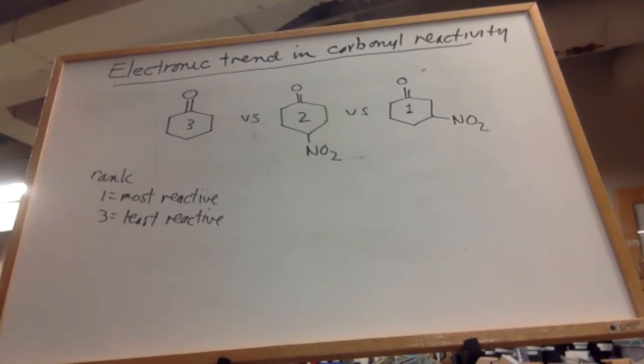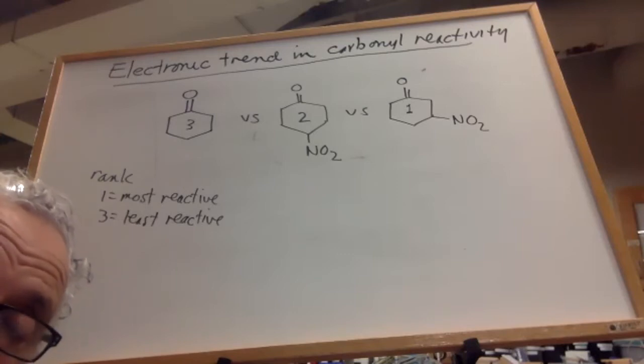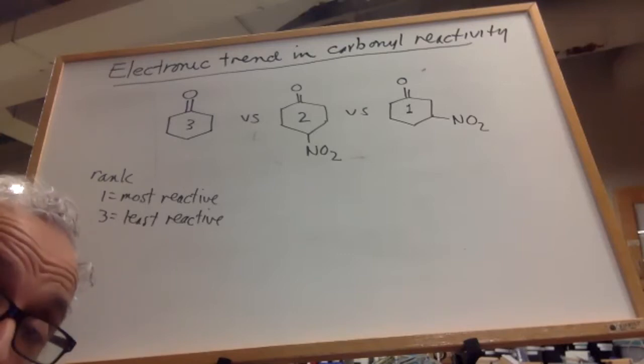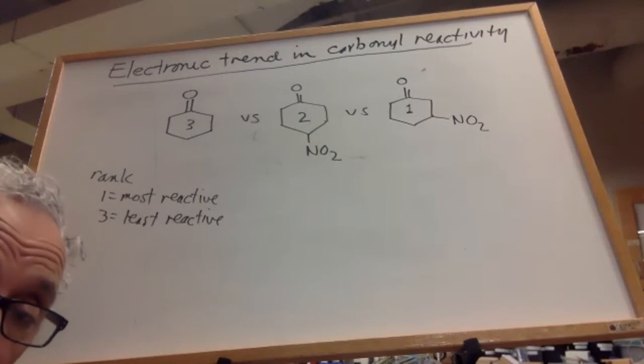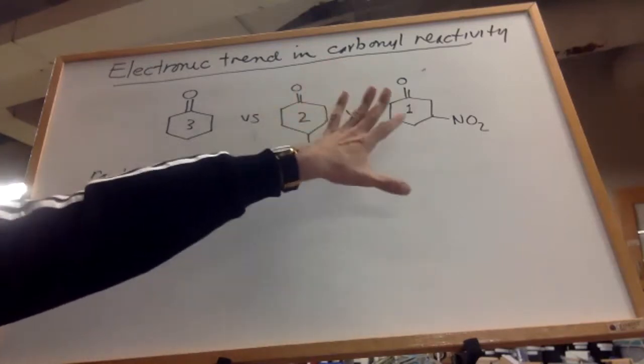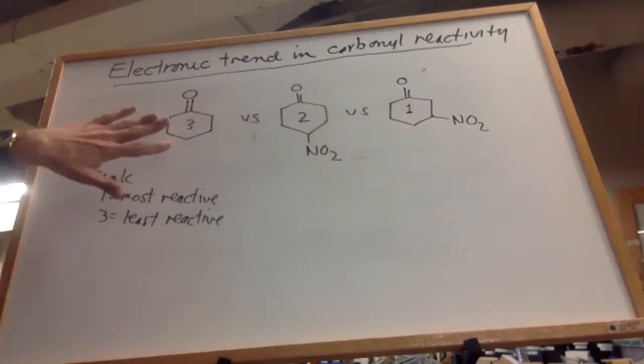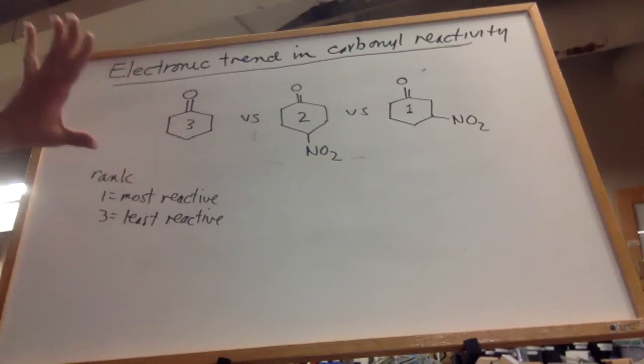Yeah, because earlier I said that the electronic trend depends on how many electron withdrawing groups there are, how close they are, and how electron withdrawing they are. So this guy is closer to the carbonyl. That's why this guy is more reactive than this one. And this guy is the least reactive because it doesn't have an electron withdrawing group.